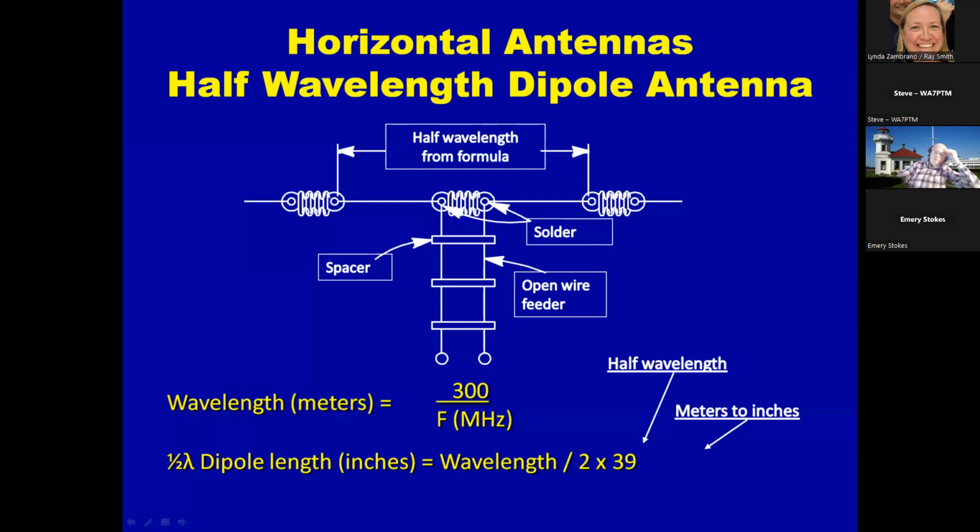So, for example, we say that copper has a velocity factor of about 95% of the speed of light. So that also means that an antenna made of copper will be about 95% the size of the theoretical value that you get with this formula. So your actual length you want for your antenna will be slightly less than this theoretical length.